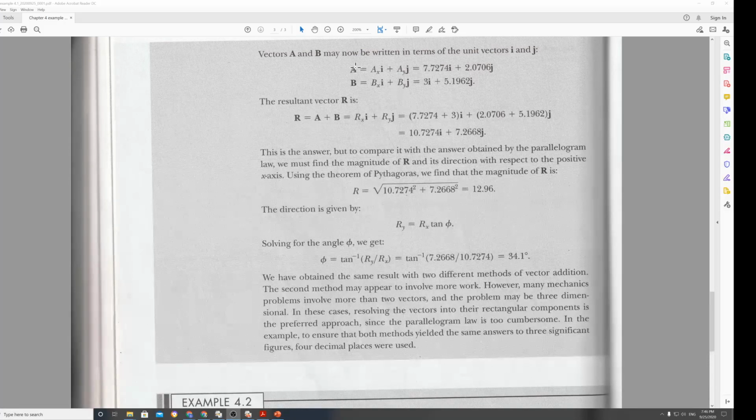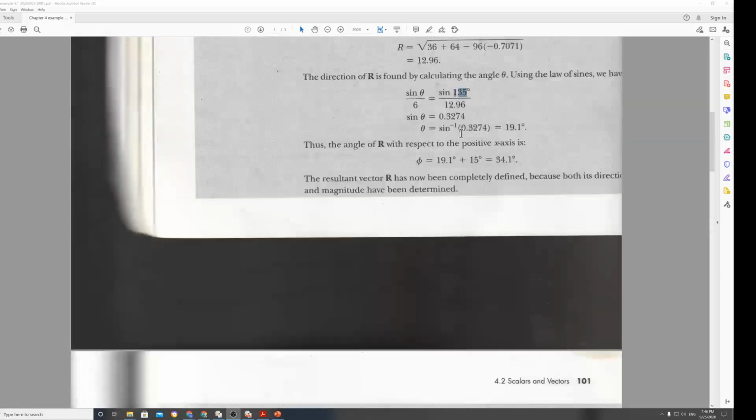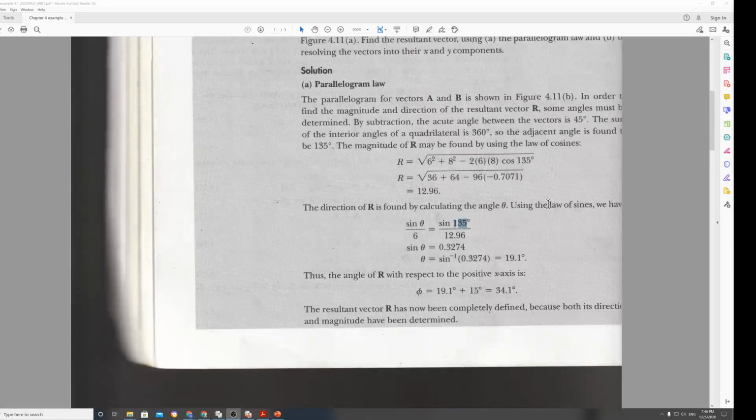The component approach is far superior. Even though we look at the parallelogram law and solve a couple of problems with it, it really is an inferior approach, although it is nice to have another way to verify your results.